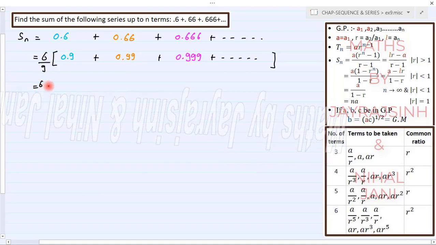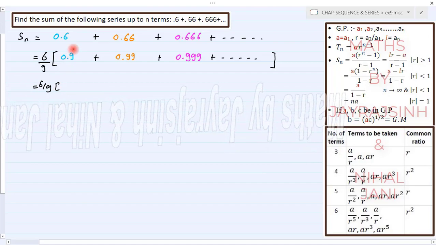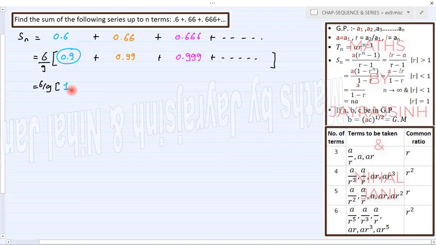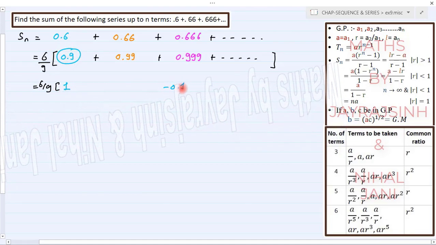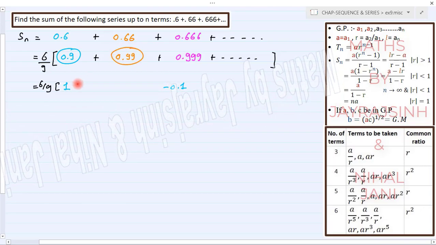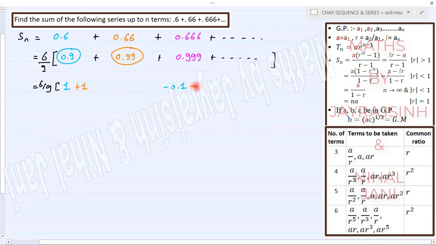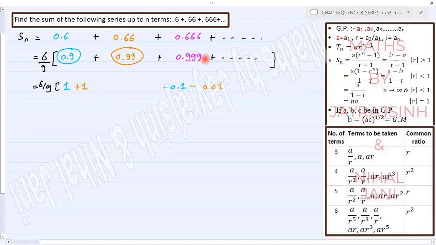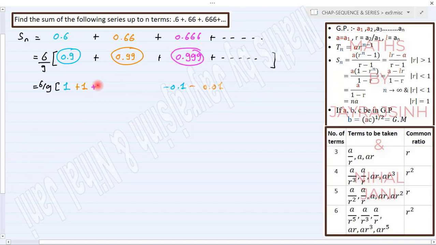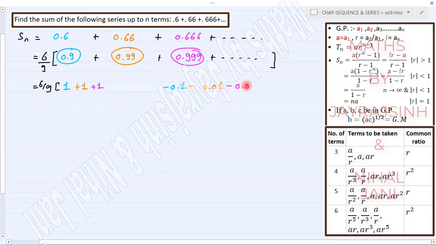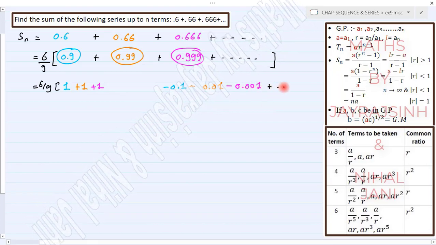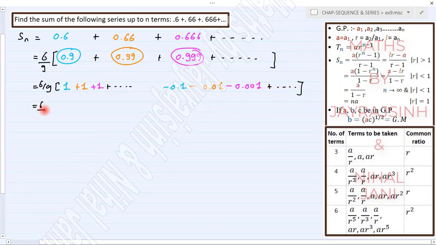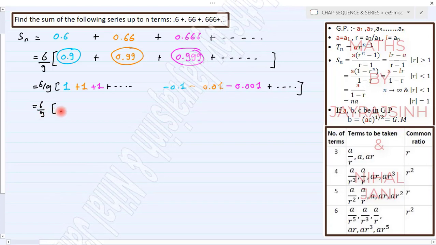Now, here we have to split the terms. 0.9 can be split as 1 minus 0.1. Then 0.99 will be 1 minus 0.01. Similarly, 1 minus 0.001 and so on. So here we'll get two series.